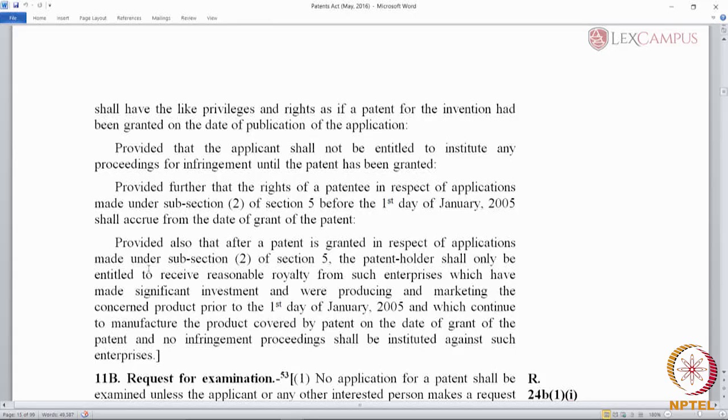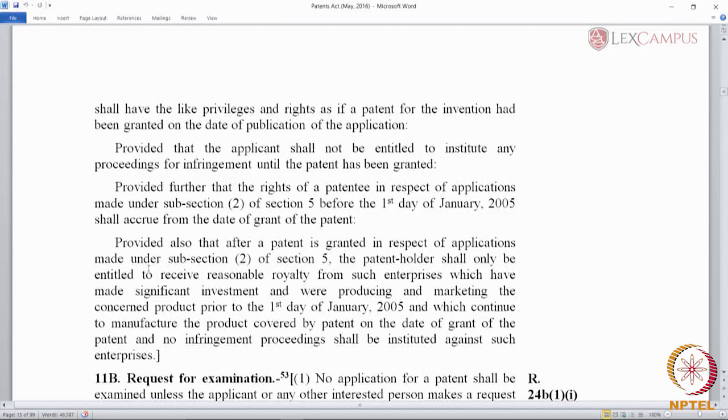An infringement suit is a case filed by the patentee against the infringer that the rights in the patent mentioned in section 48 have been violated. On that ground, an infringement suit is filed. Section 104 allows the patentee to file an infringement suit.